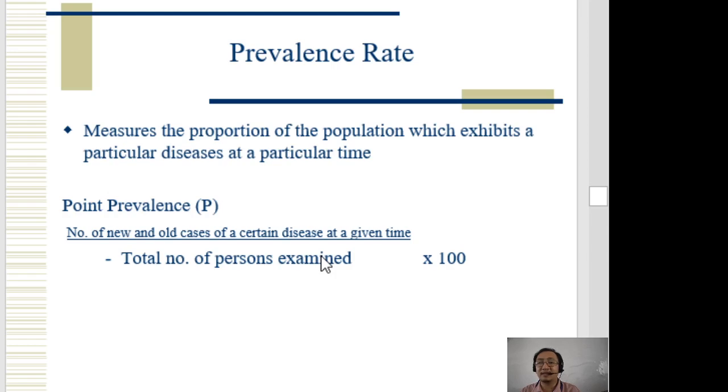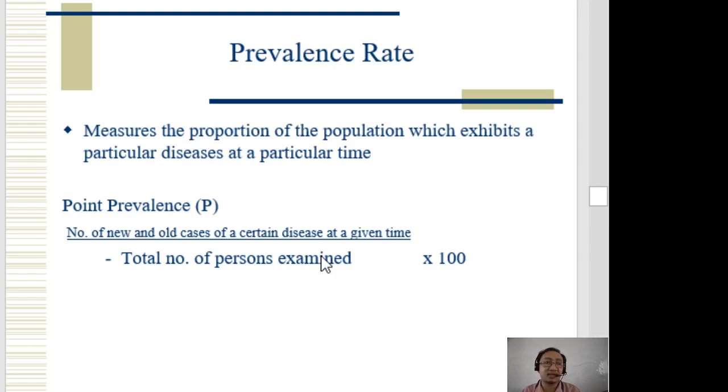Next is prevalence rate. Prevalence rate is a measure of the proportion of the population which exhibits a particular disease at a given time. As compared to incidence rate, prevalence rate involves the number of cases, old and new.